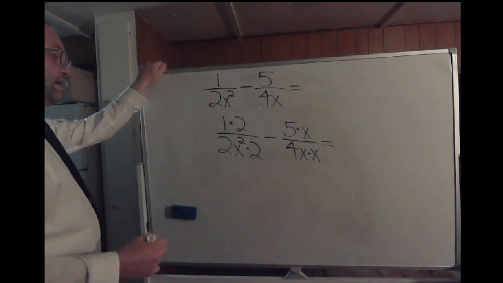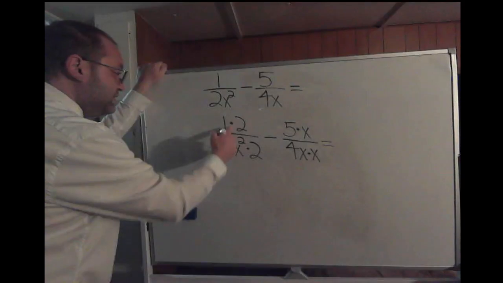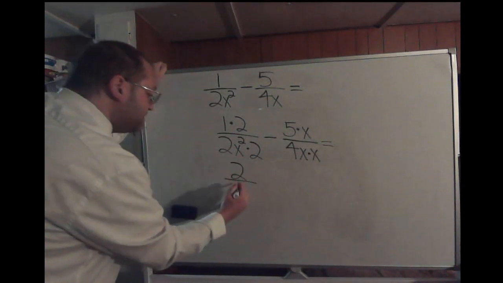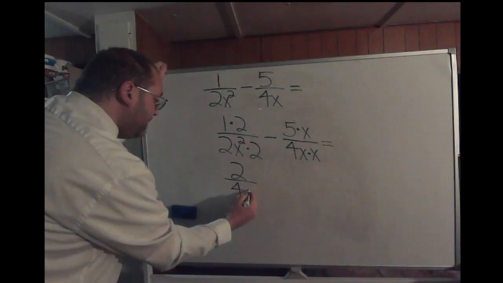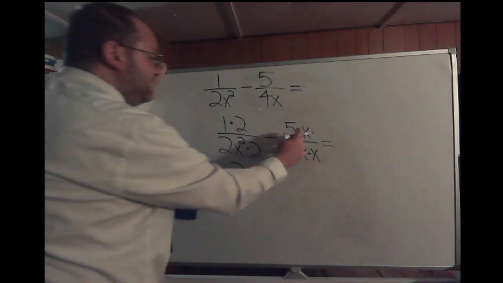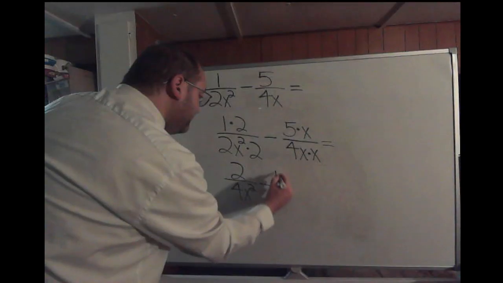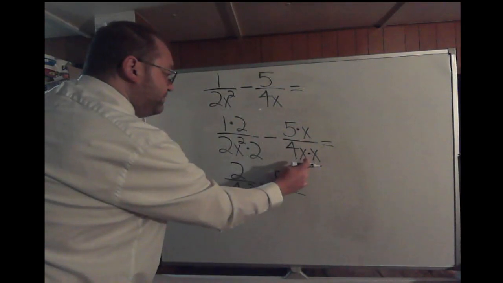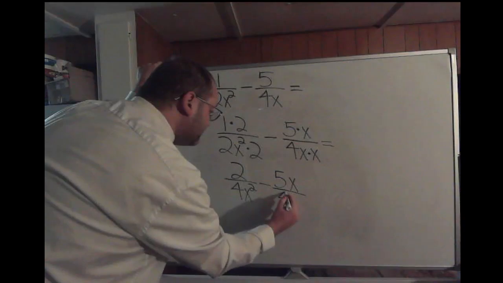Okay. Now let's do the math here. 1 times 2, that's 2, all over 2x squared times 2, that's 4x squared. Minus, we have 5 times x, well that's 5x, over 4x times x, that'd be 4x squared.